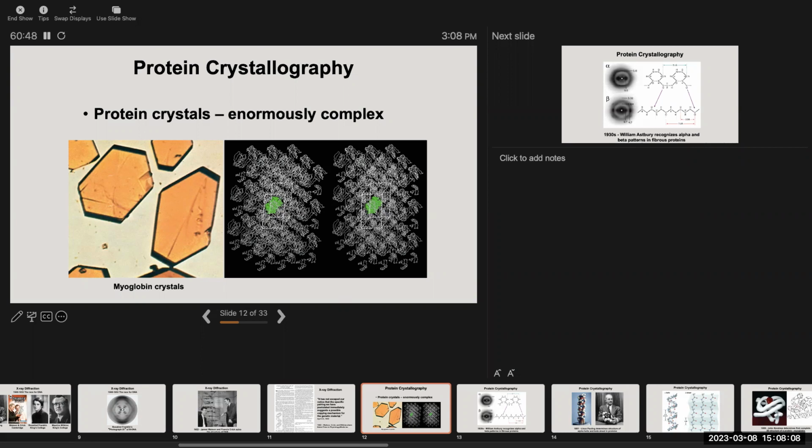Interestingly, one protein that actually crystallizes very easily is myoglobin, which is present in muscle cells. And people were crystallizing myoglobin even in the 1800s.